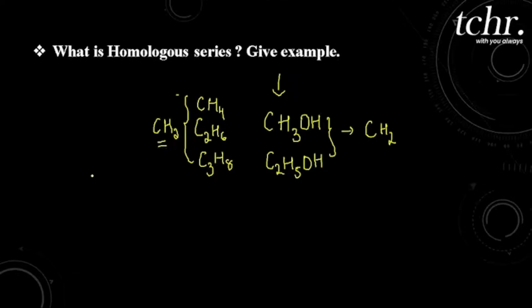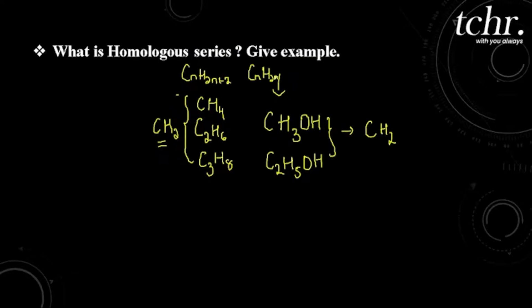Any series of compounds which differ by the CH2 unit, we call a homologous series. In a proper definition, students, we can say these are a series of closely related organic compounds which can be represented by a general formula. For alkanes we have the general formula CnH2n+2, and for alkenes the general formula CnH2n.